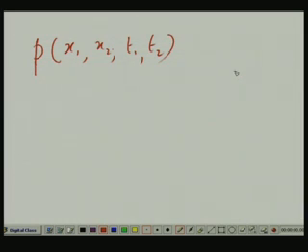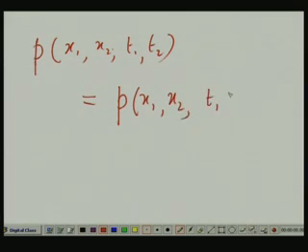then what should happen? I fix up two time points t1 and t2, and based on that I am getting this probability density. If it is strictly stationary, I should get the same thing if instead of t1 I say t1 plus some constant c, and instead of t2, t2 plus c.